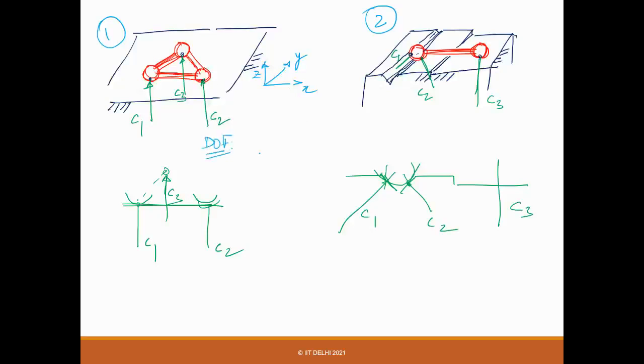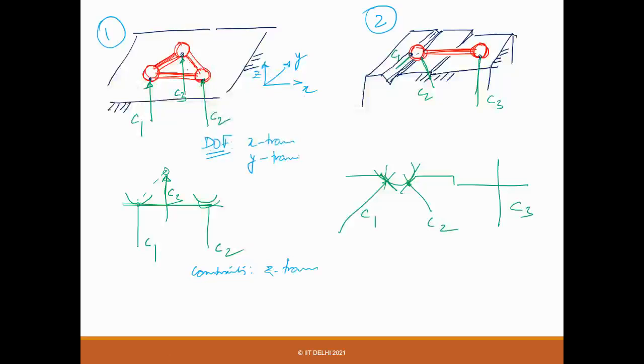What is there? X translation is there. Y it can also slide. And you also talk about constraints. The constraint is Z translation. Okay, so for translation I think there is no problem. What about the rotation?